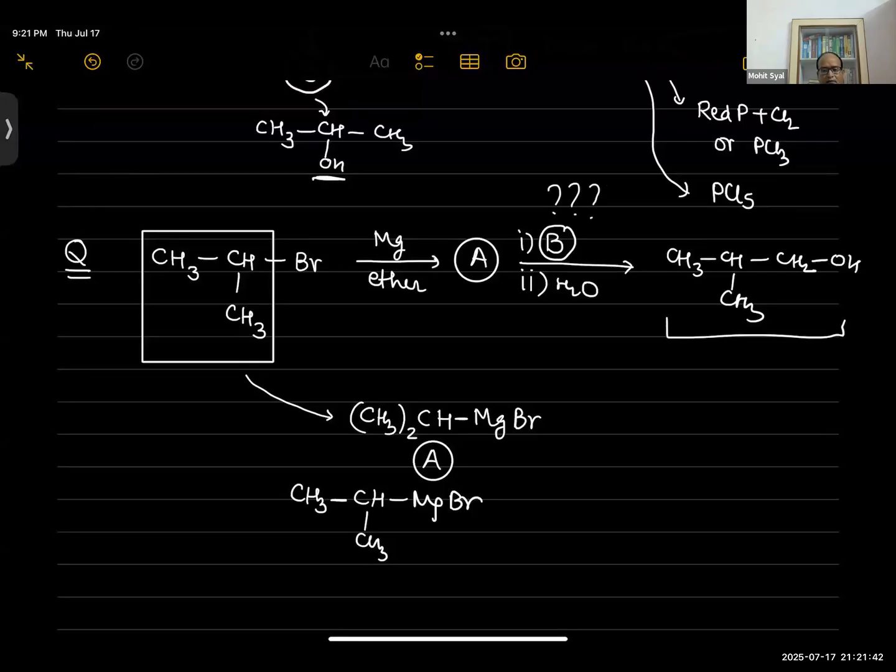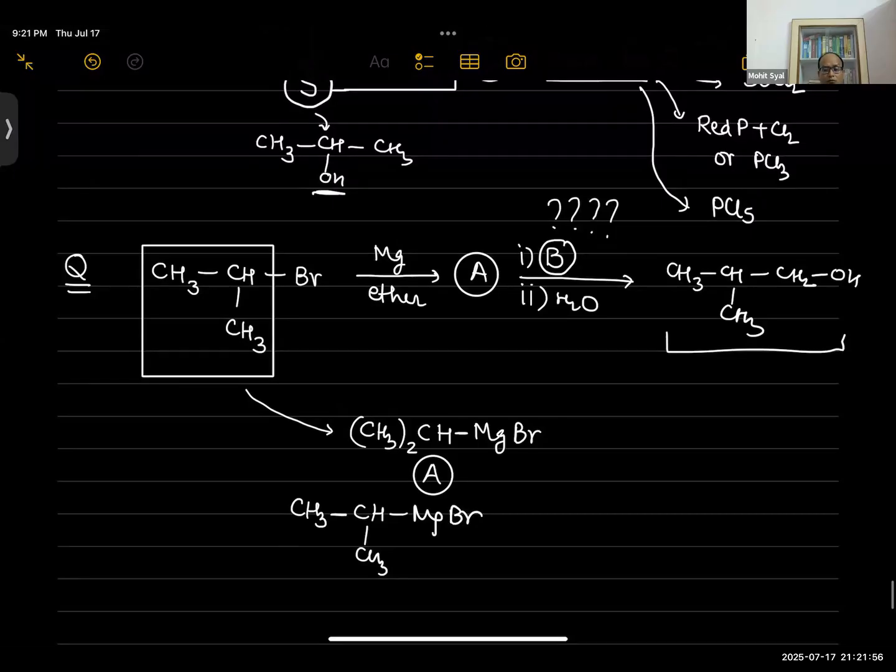We need to work backward to get the structure of B. No, Justine. No. That will give, Aisha, that will give carboxylic acid. We are having an alcohol.